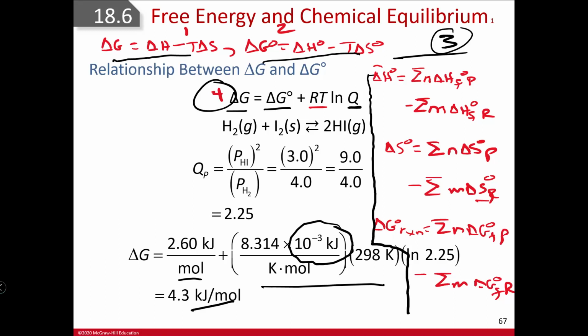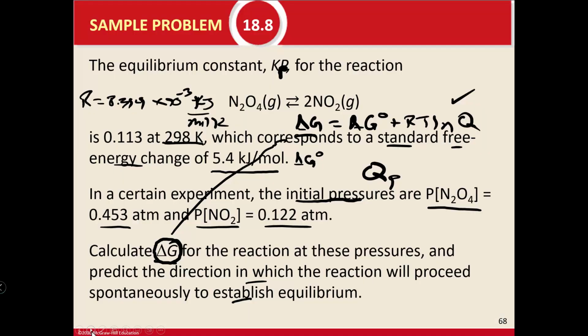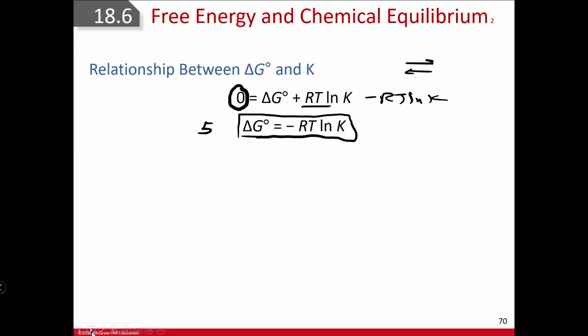And then the last equation is what happens when at equilibrium, delta G equals 0, and we can solve for delta G naught. So this is giving us another out to determine delta G naught, other than the direct method with the summations, and then the indirect, and then the other method, delta G naught equals delta H naught minus T delta S naught.